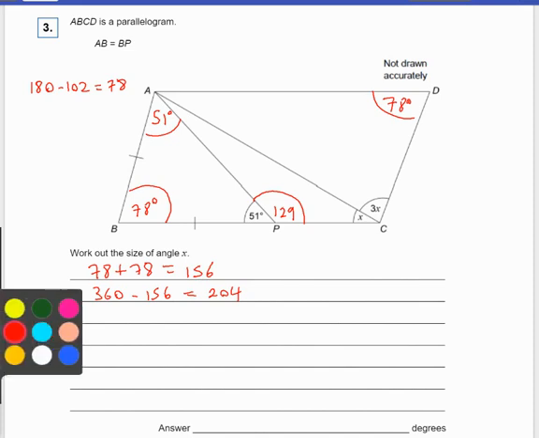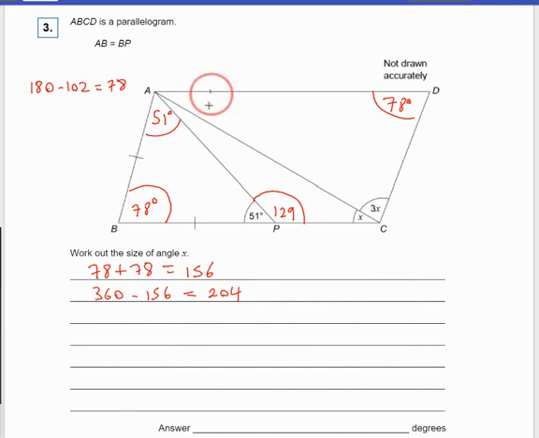We know that the other two angles of the parallelogram, so this angle and this angle, are both going to add up to 204 because that's how many degrees are remaining to make up those angles in the parallelogram. Hopefully that makes sense. And we also know that opposite angles of a parallelogram are equal. So if I do 204 divided by 2, which gives me 102, I now know that this x and 3x make 102.